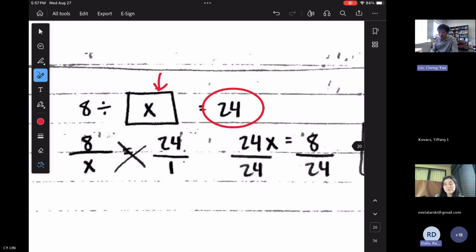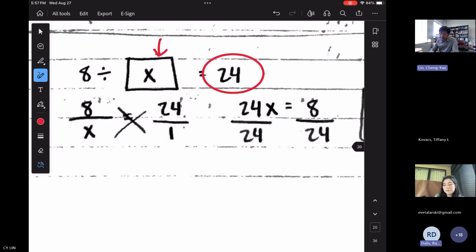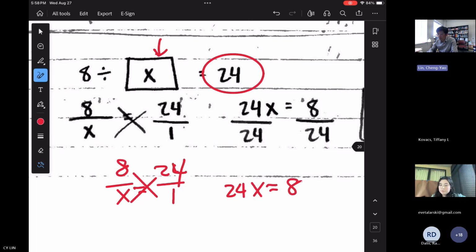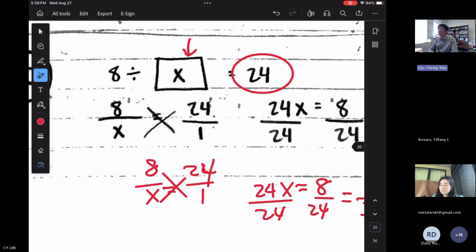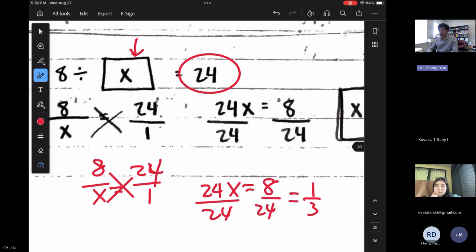So we can set up the equation: 8 divided by x is equal to 24 over 1, and we can cross multiply. We get 24x equals 8, divided by 24 for both, so x is equal to 1/3. When you divide a whole number by a fraction, the number gets bigger. Say I have 8 pizzas and everyone wants to share 1/3 of a pizza.